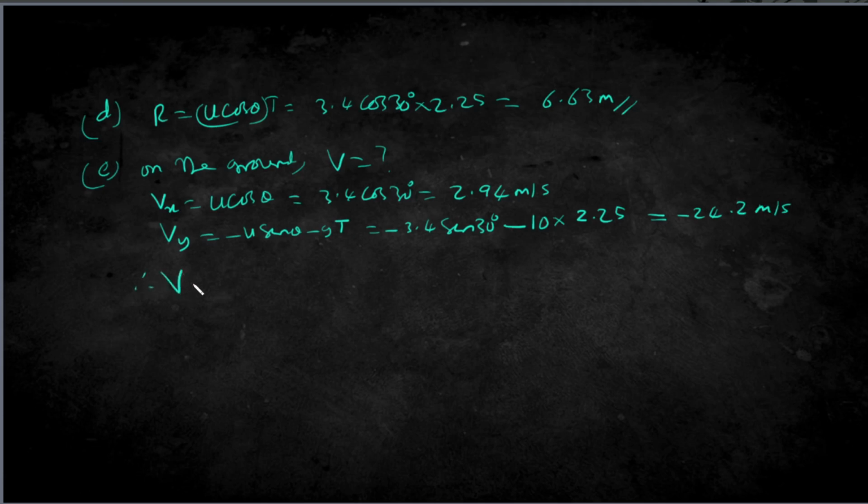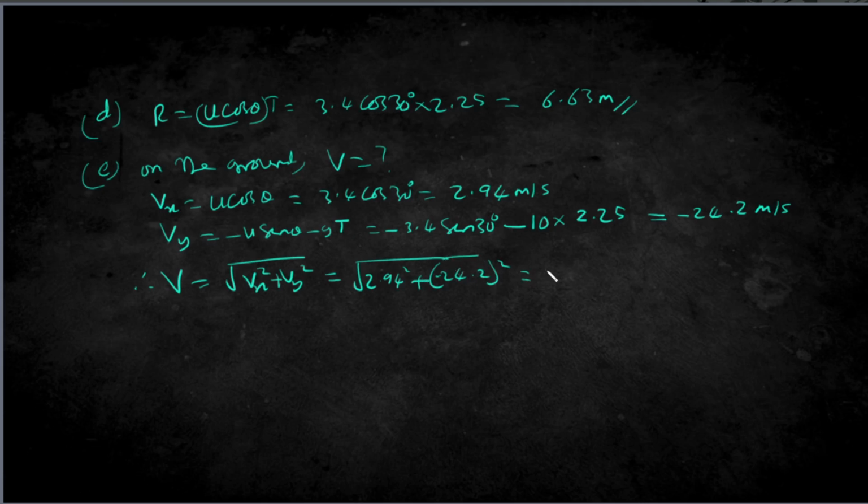So therefore V is going to be the square root of Vx square plus Vy square. Our Vx is 2.94 square. Vy is minus 24.2 all square. So you square this, then you add.